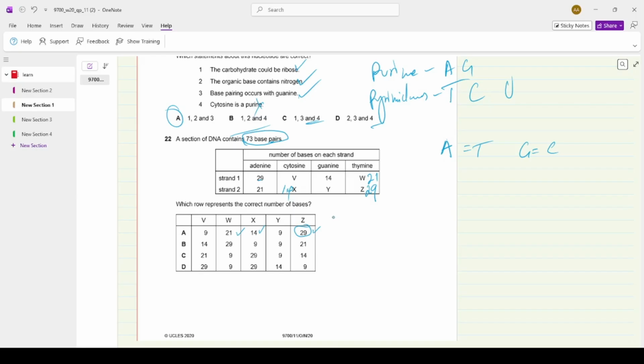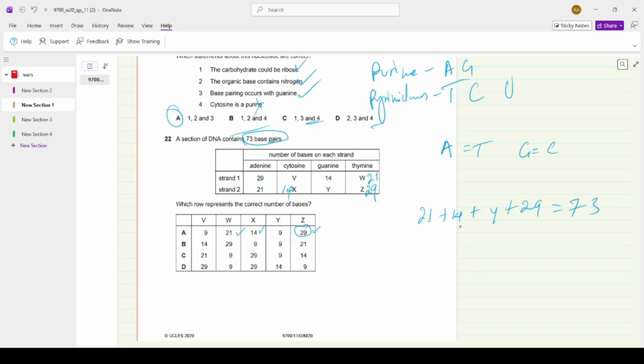But then when we check on this strand, let's say maybe strand 2, remember they have said we have 73 base pairs, so it means that 21 plus 14 plus y plus 29 should be giving us a total of 73.